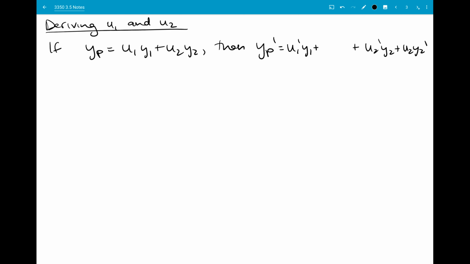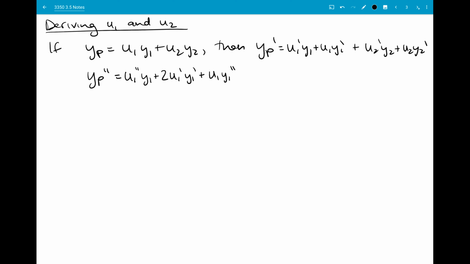Here, I wrote the wrong thing, u1 y1 prime. There we go. And then yp double prime, which I need in order to plug into my differential equation, is going to be a lot longer. It's going to be u1 double prime y1 plus 2 of these middle derivatives. This middle derivative thing should be familiar to you from when we did reduction of order.